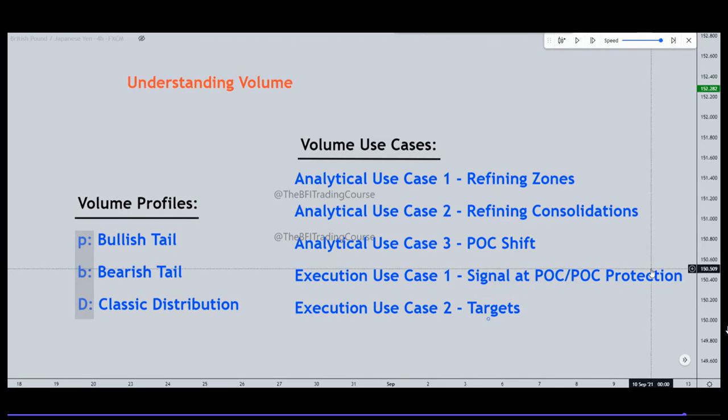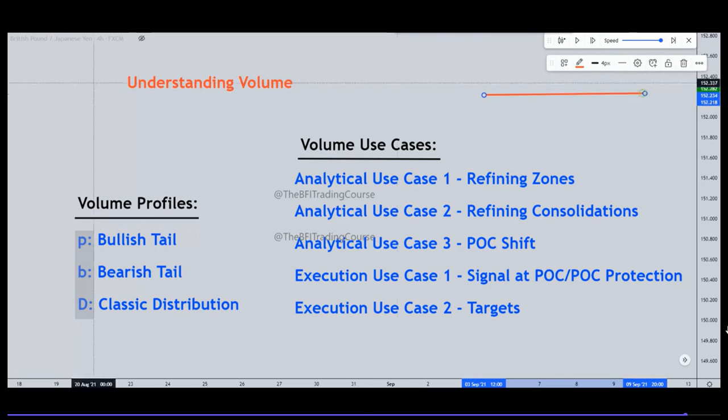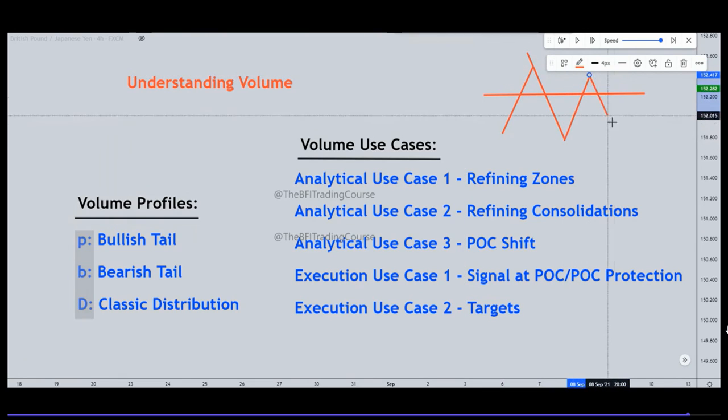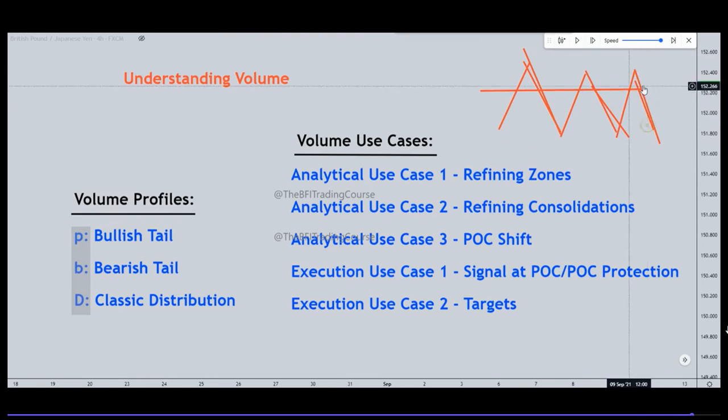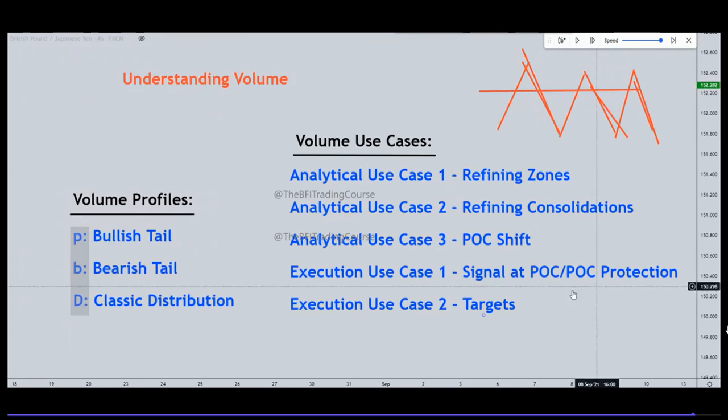Or if we see price crossing the POC, and every time it does, somebody comes in and sells. It crosses the POC, somebody comes in. It crosses the POC again, somebody comes in and protects. POC protection. It's always good to see how price is reacting and playing around this area of the heaviest volume.